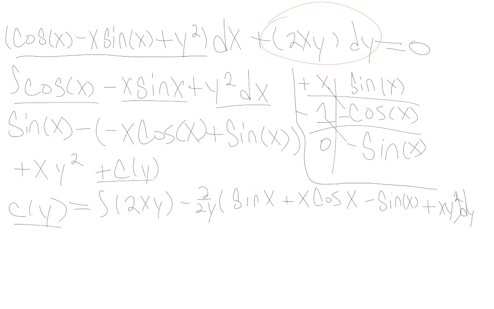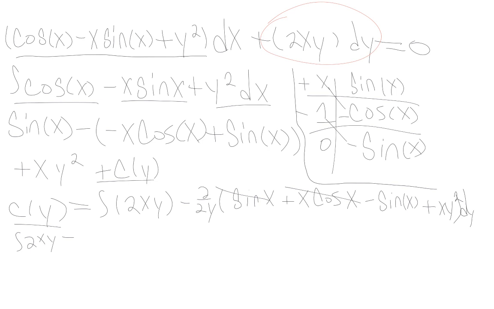So c of y is equal to the integral of all of this. So that would be equal to the integral of 2xy, and I hope my partial sign doesn't look too much like my number 2, minus my partial with respect to y of sine x, that goes away because that's a constant function. My partial with respect to y of x cosine x goes away, thank God, otherwise that'd be a product rule right there.